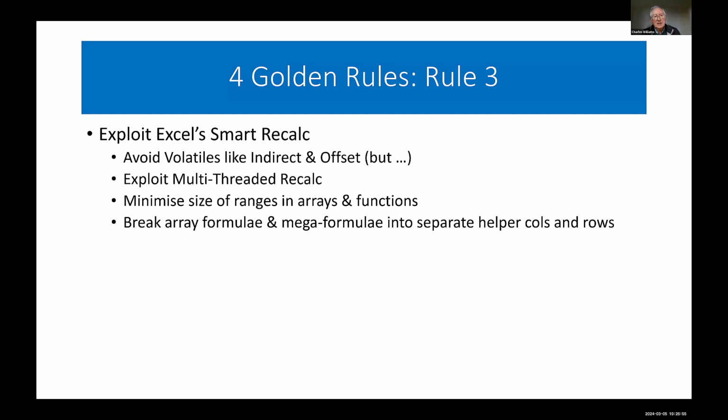Minimizing the sizes of ranges and breaking things into helper columns and rows. So we've seen examples of all these things, and in the real world example I showed, we can see how it's possible to speed up workbooks by large amounts.